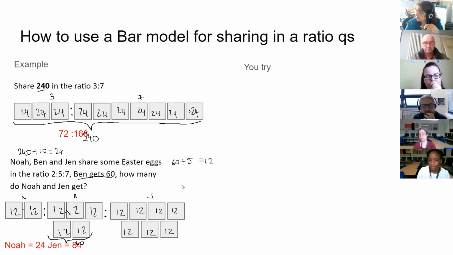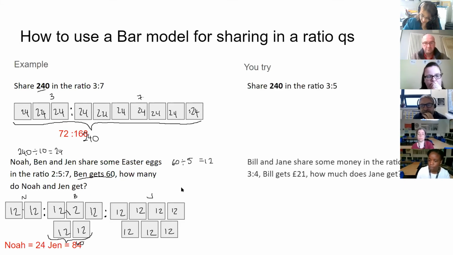So I'd like you to have a go at trying using bar modeling for these 2 questions. Again, I'll give you a minute just to try that.